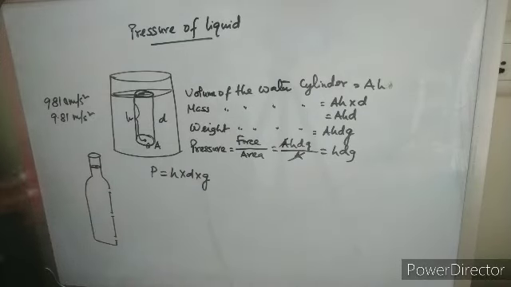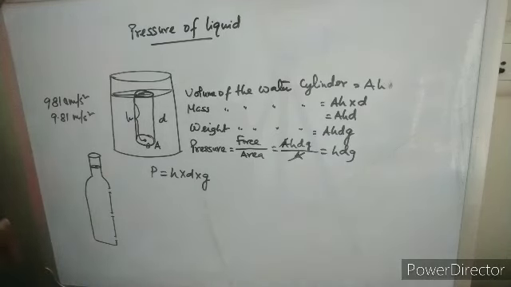Before putting water in it, you make three holes at different heights: one hole at the bottom, another hole at the middle, and the uppermost hole just below the neck of that bottle.